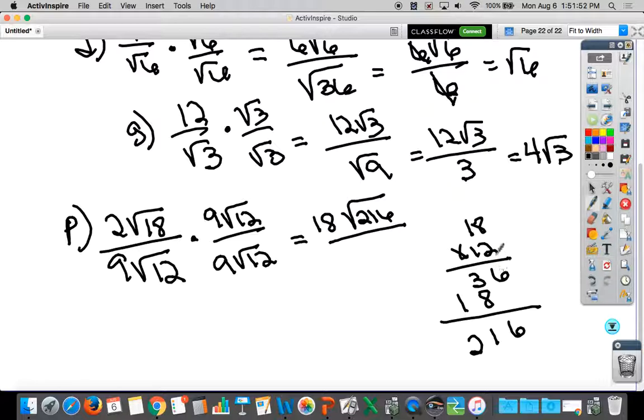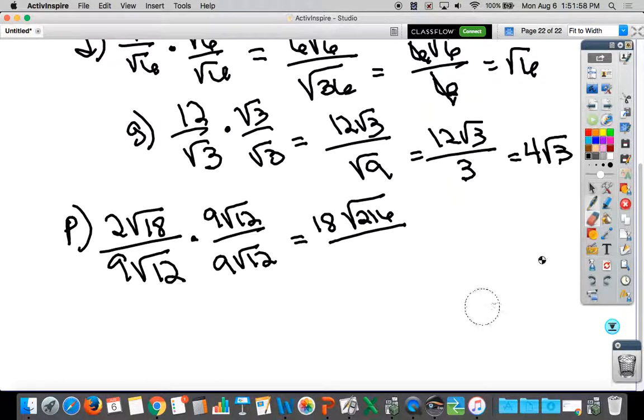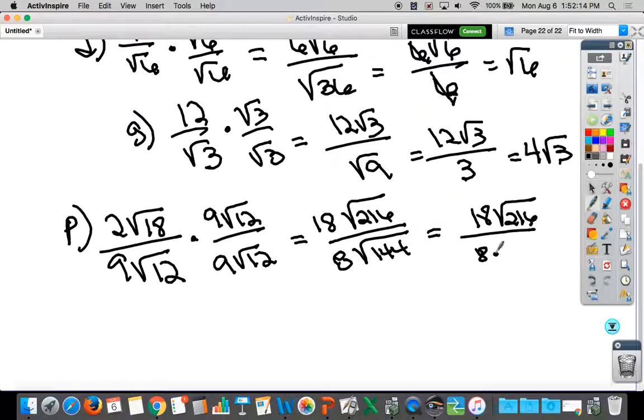Make sure that's right. 36, 18. Okay. Now, outside times outside, 9 times 9 is 81. Square root of 144. Would you agree that square root of 144 is 12? Isn't that 81, not just 8?